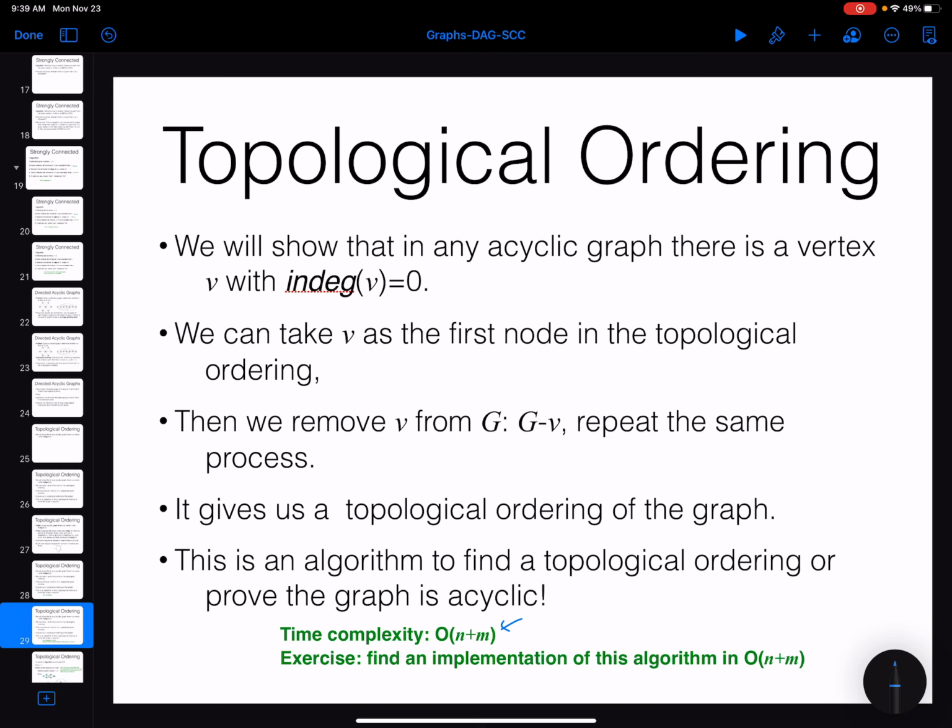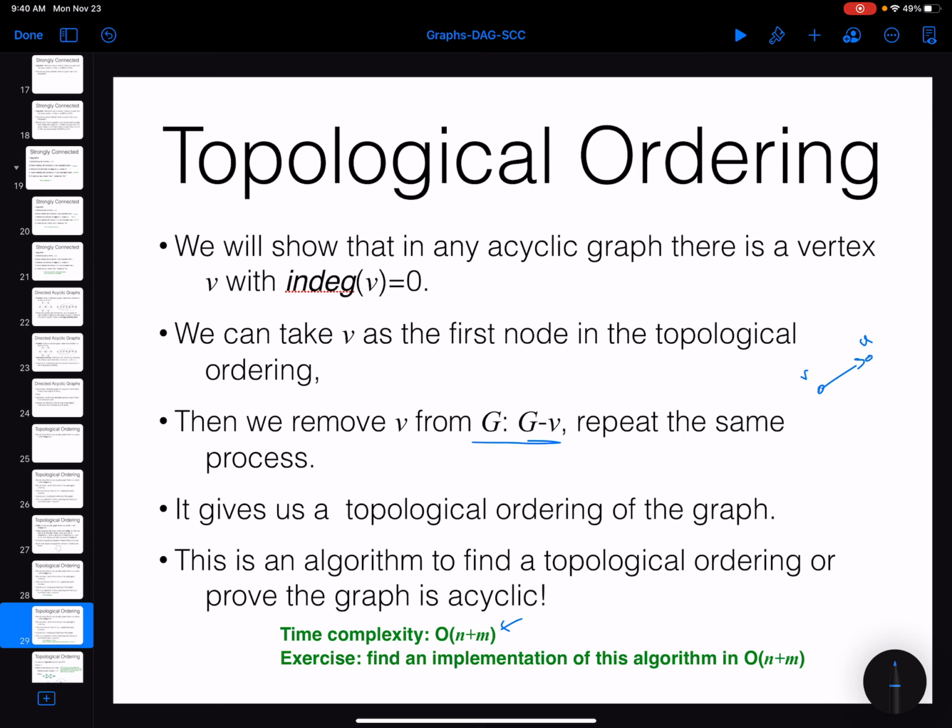You can just put all of those nodes with in degree 0 into the queue, and just remove one node from the queue, put it in the topological ordering, and for removing it from the graph, to simulate this part, you just need to decrease the in degree of all those nodes u for which there is an edge from that node v.